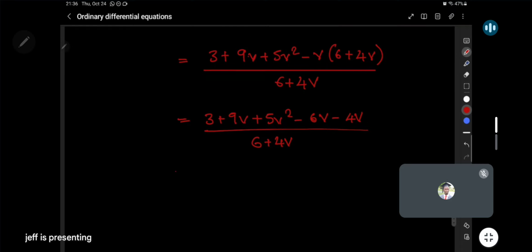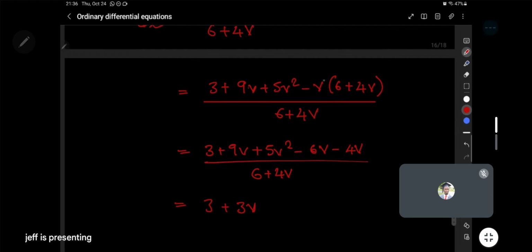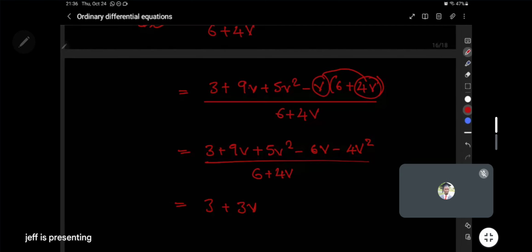When we simplify, the 9v will simplify with the 6v. The 5v squared will simplify with this one here. When it multiplied with this, it became 4v squared. We missed that square, but then we saw it.